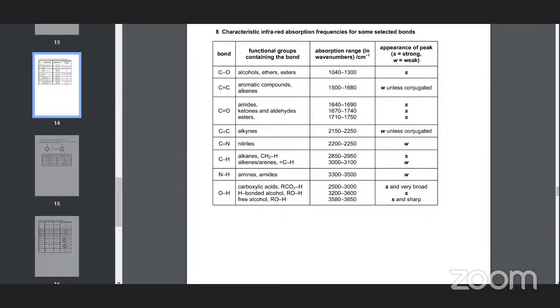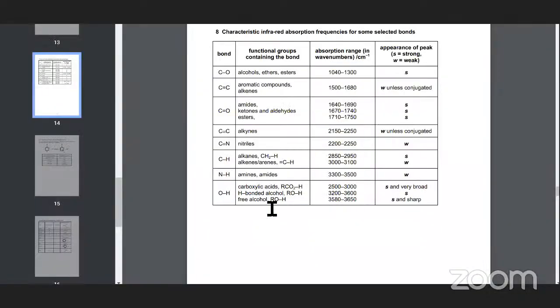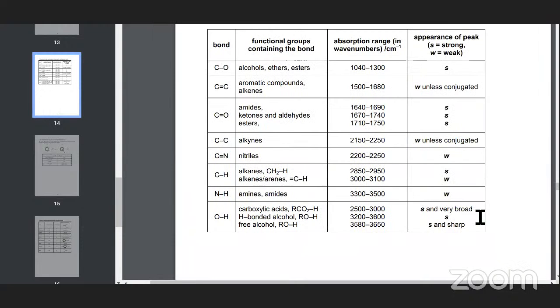Now, if you look at around 3000, you have this very broad absorption. So why do you get a broad absorption around 3000? Let's open it and look at the OH groups. There's only one broad absorption, which is this one that I'm pointing to, and that's the OH in the carboxylic acid.